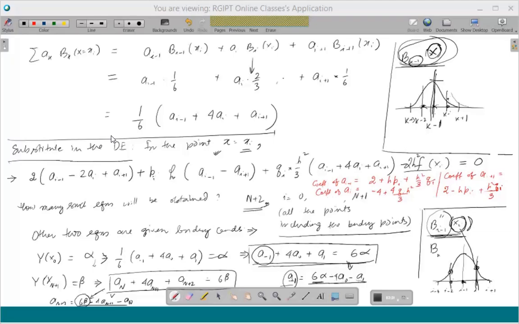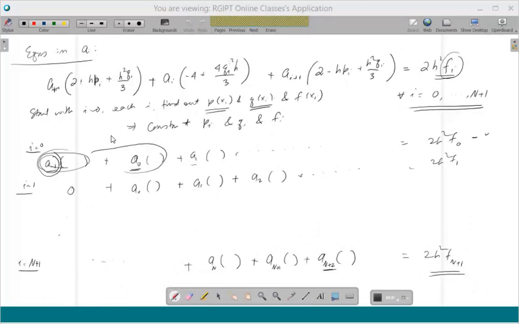So when I substitute it back over here, for a minus 1, that's a constant, and there's another constant 6 alpha. There will be a constant term that I can take on the right hand side. That will be 2x square f0 minus something, and then everything else is a0 into something plus a1 into something plus a, etc.